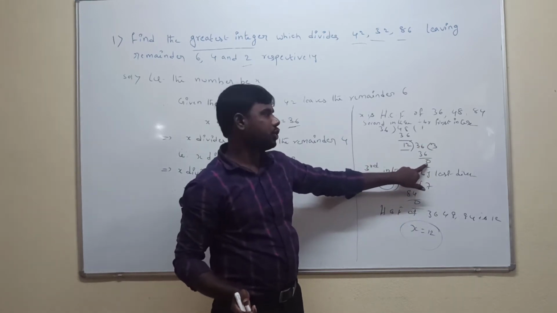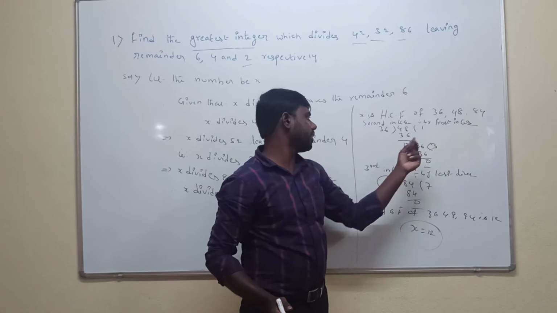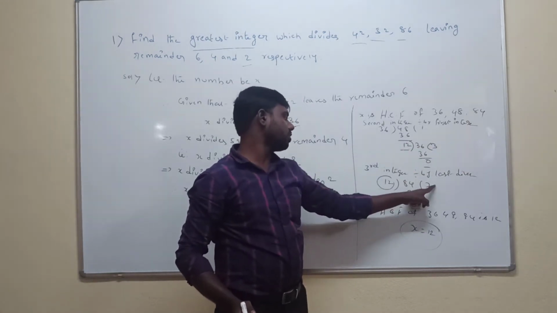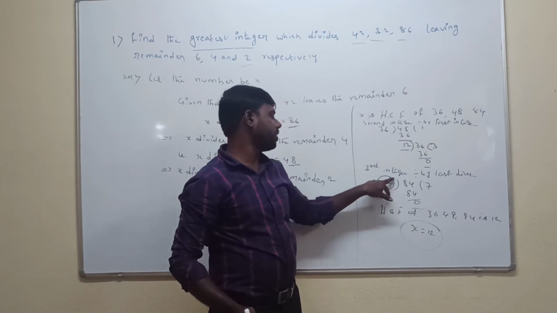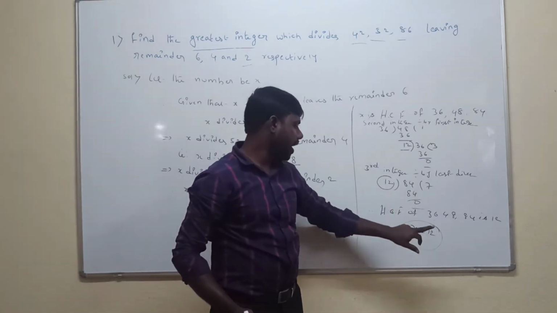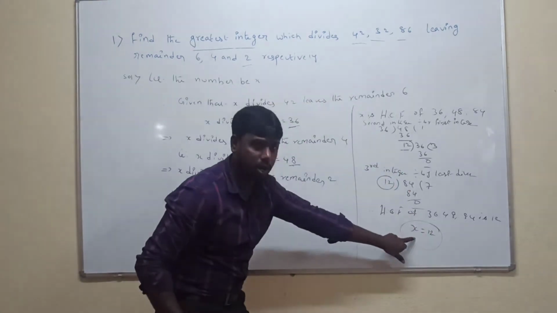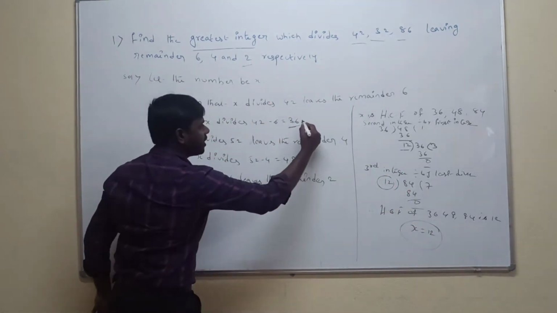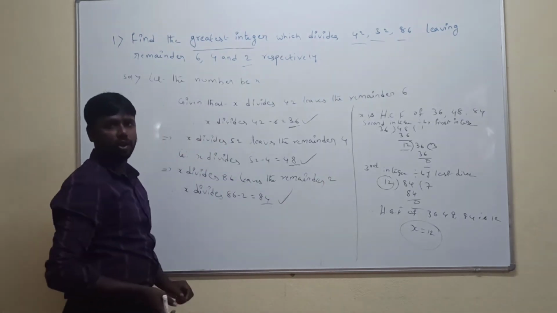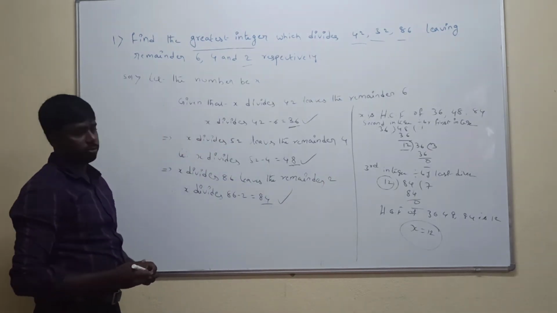When the remainder is 0, the third integer is divided by the last divisor: 12 times 7 is 84. The last divisor is the HCF, so the HCF value is 12 and x is equal to 12. The greatest integer value is 12, and 36, 48 and 84 are all divisible by it. Everyone understood? Is it clear?